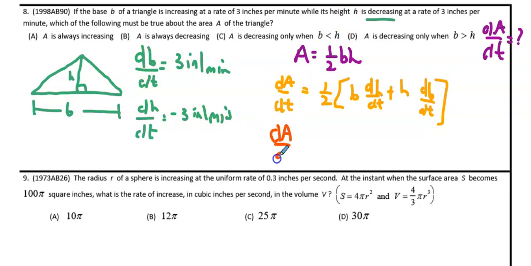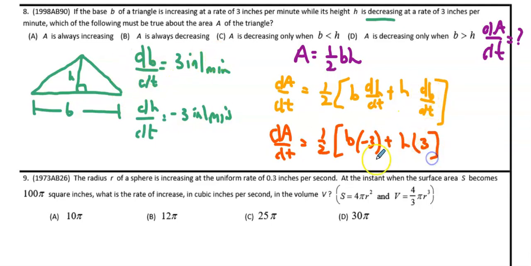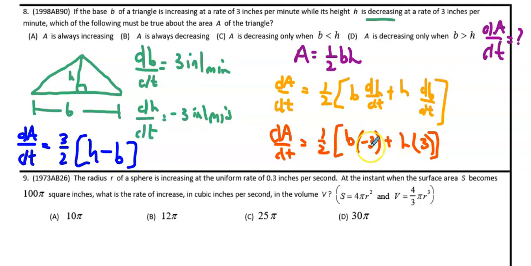The change in area with respect to time is equal to 1/2, times b, times the change in the height, which is -3, plus h times the change in b, which is 3. Now I have enough information, so I'm going to pull out a positive 3.